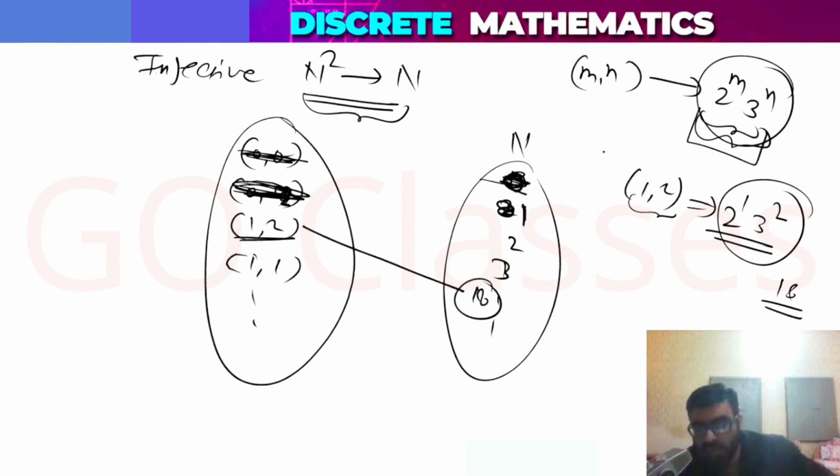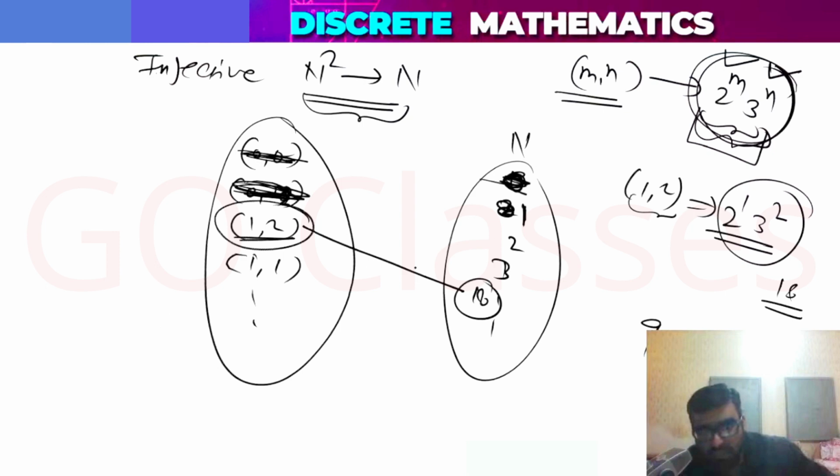Are you getting this point? If I have a pair (m, n), then I will map this pair to 2^m times 3^n. This is a prime factorization, and the prime factorization of a number is unique. You already know this thing. If you have any number, then its prime factorization is unique. That is the reason I am using prime factorization.